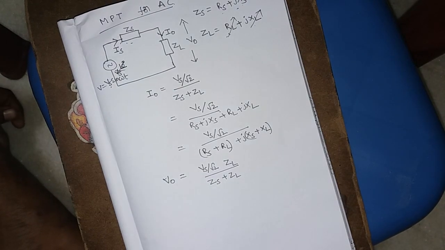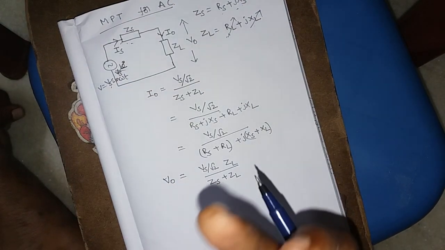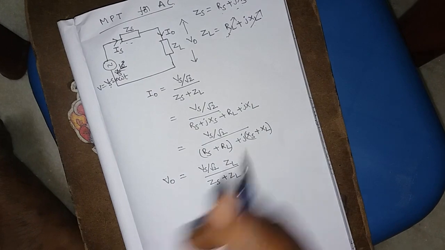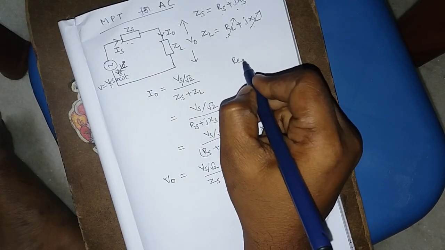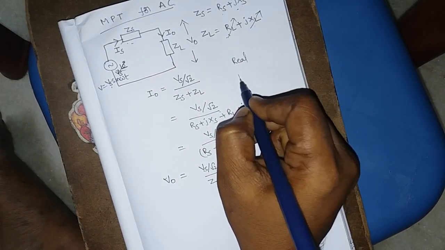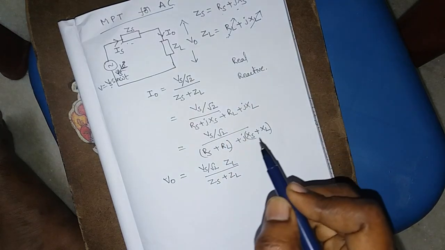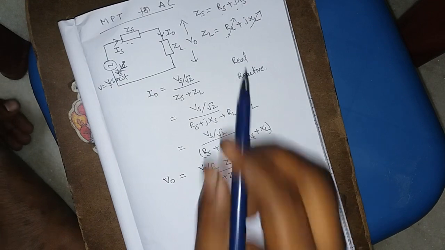But here my objective is to find the output power. What is the output power? Output power has two components: one is real power and the other is reactive power. Which power do we need to take?